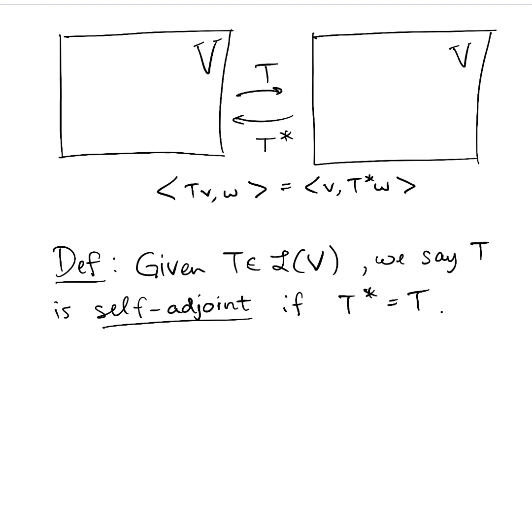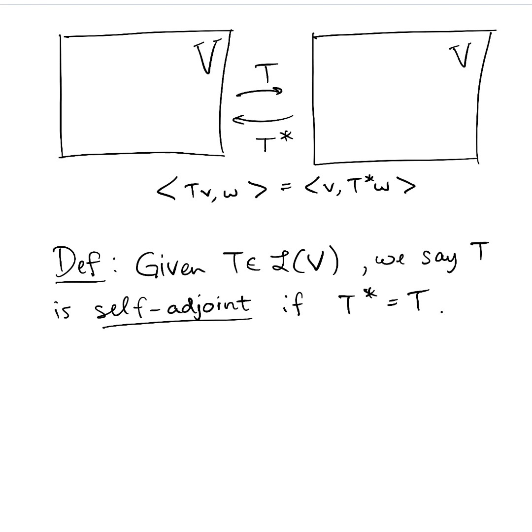And I don't know why the emphasis in the pronunciation of this word is different, because we don't say self-adjoint, we say self-adjoint. But the map itself isn't called the adjoint, it's called the adjoint. Anyway, that's what self-adjoint means.